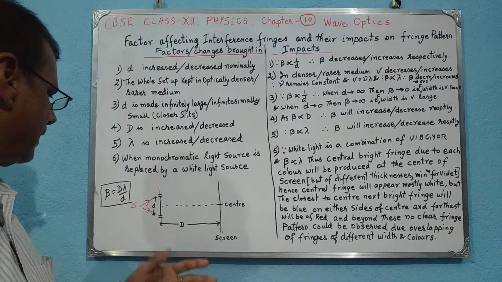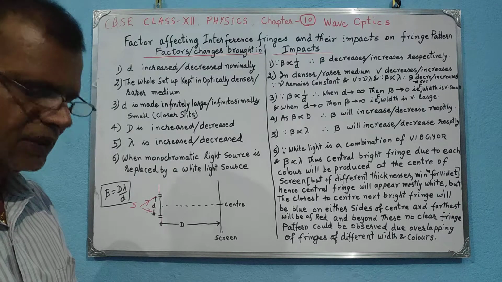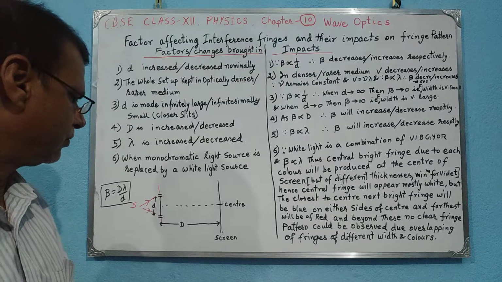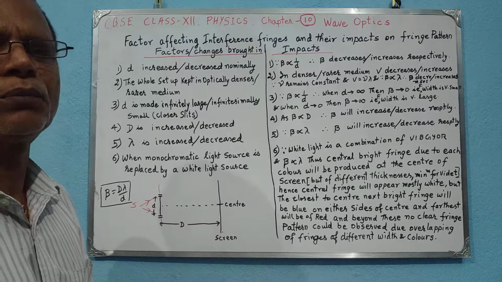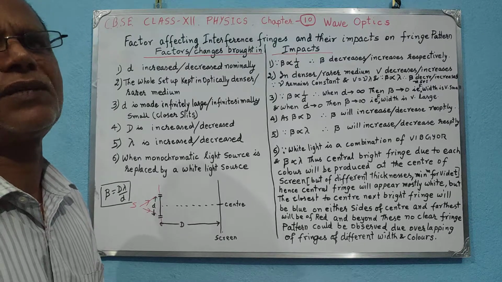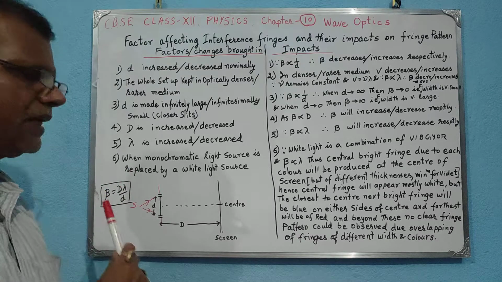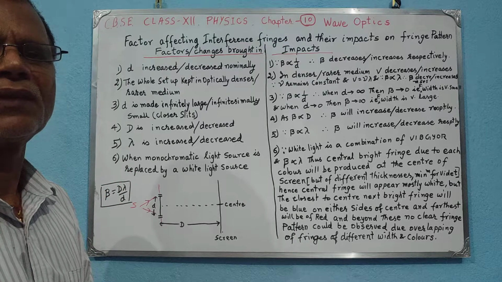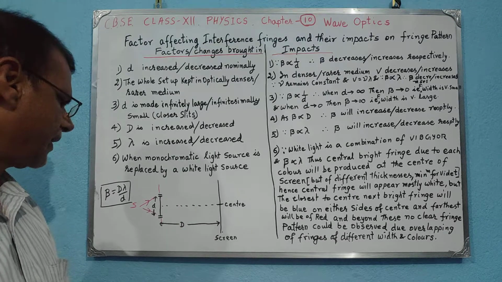Lambda is very much there, which we can remember. The confusion can be eliminated if you keep in mind that we start with the capital. So beta equals capital D lambda by small d. If you think like this, you will never be confused.